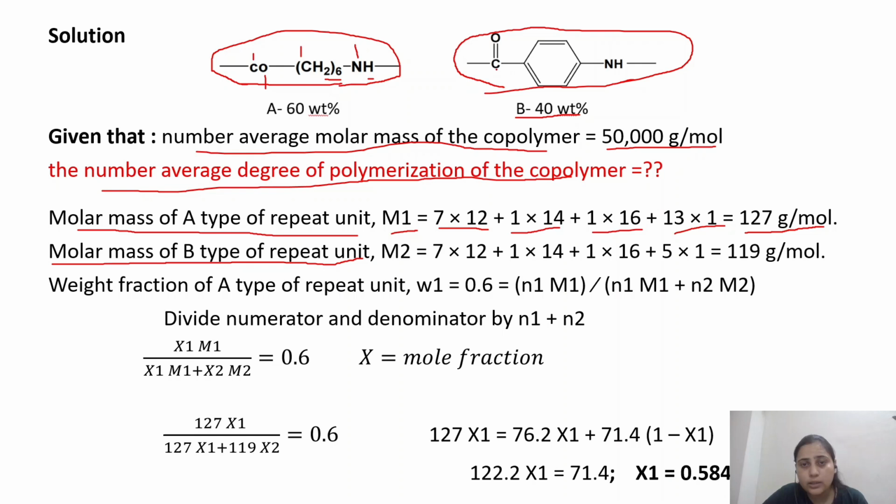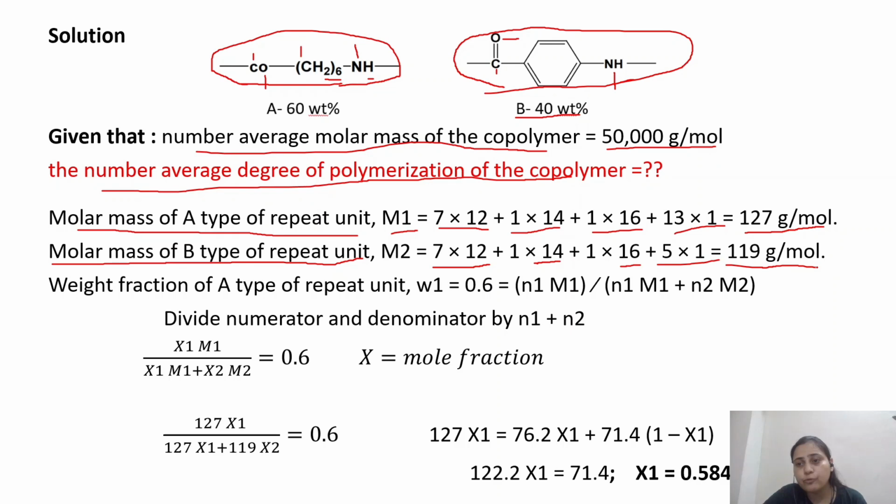One here and 6 in the benzene ring. So 7 into 12 for carbon, then 1 oxygen atom and 1 nitrogen atom, so 14 into 1 and 16 into 1. Now the hydrogen atoms: there are a total of 5 hydrogen atoms. After multiplying and summing up, we get 1.9 gram per mole as the molar mass of the B type of repeat unit.